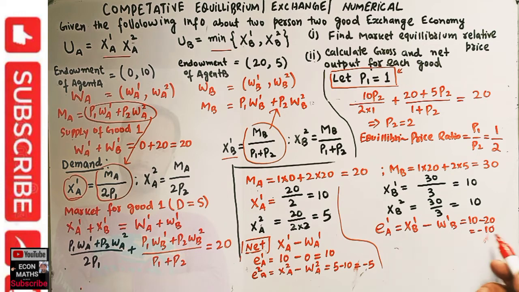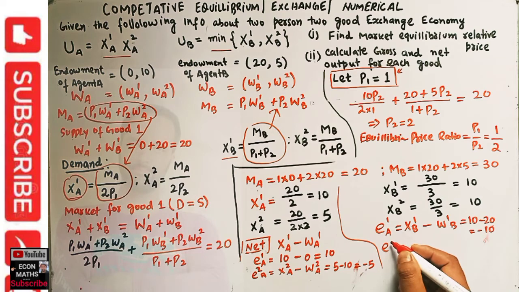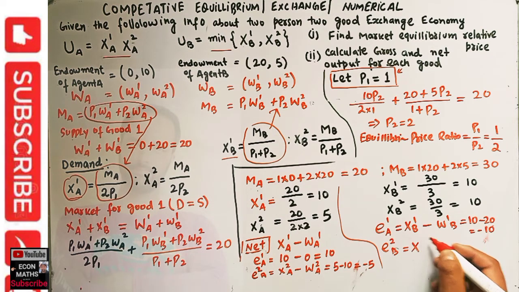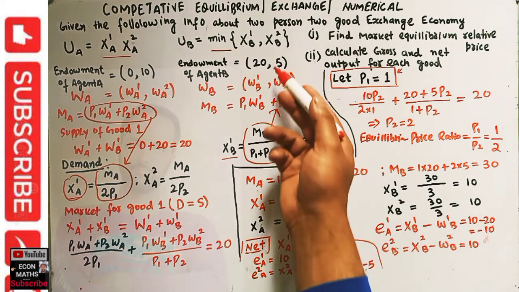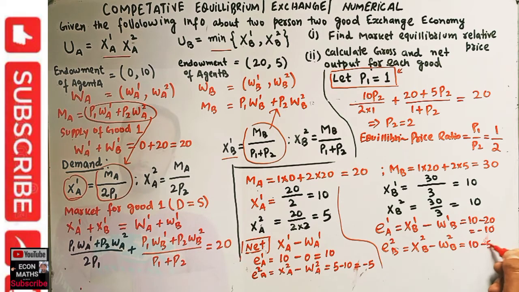That means he will be supplying 10 units of good 1. And excess demand of good 2 by person B will be equal to gross demand of good 2 by person B minus initial endowment of good 2 by person B. So gross is 10, initially how many units is he holding? 5. That means 10 minus 5 is 5.